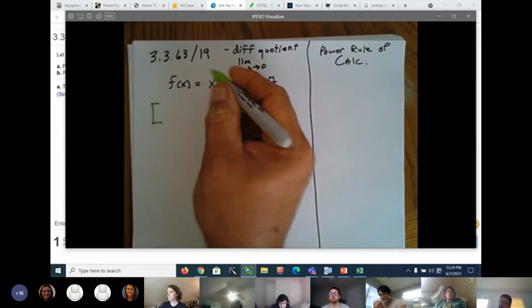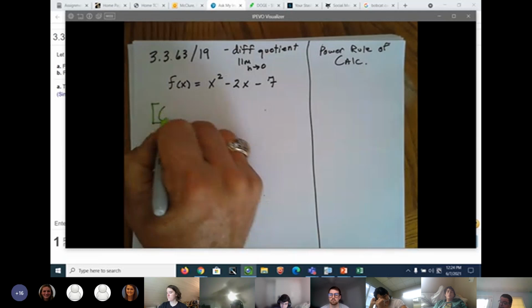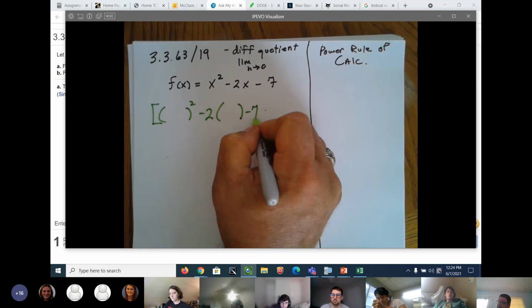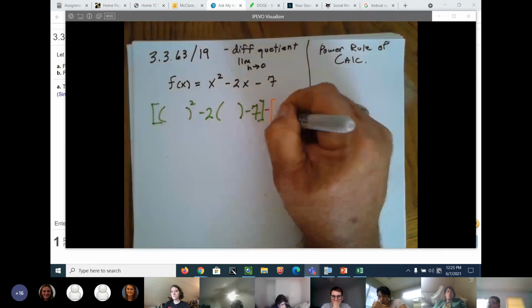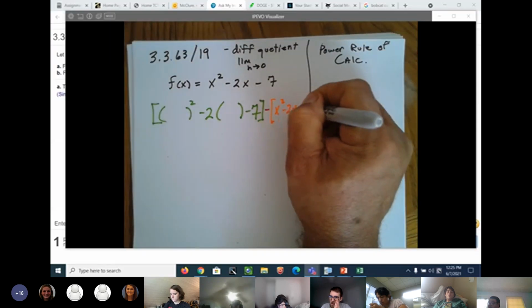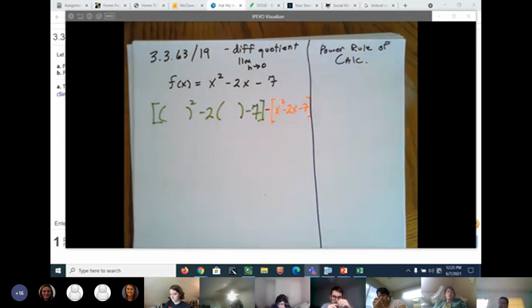So f of x plus h, so that's going to be parentheses squared minus 2 times parentheses minus 7 minus x squared minus 2x minus 7 all over h.